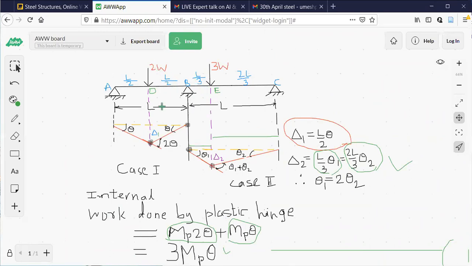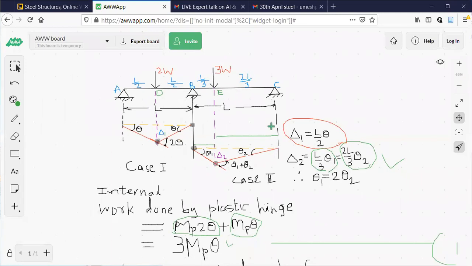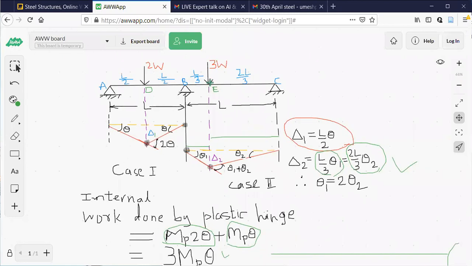If I do that, only this portion will collapse. This will remain intact. Simultaneously I should increase the point loads acting in both the spans. This is how you should understand this problem. If I do not increase this load, and only 2W is increased, this will collapse.